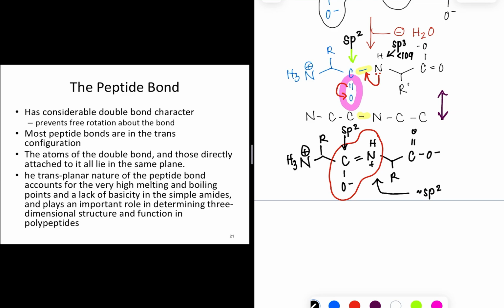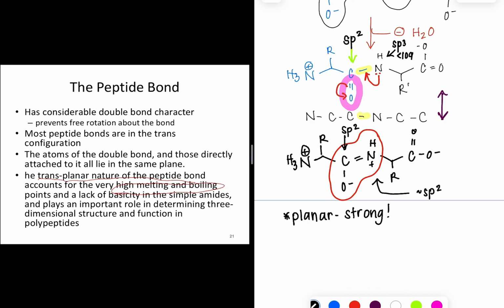This bond is relatively planar, and it is also a very strong bond. So the trans planar nature of the peptide bond accounts for high melting points and high boiling points.